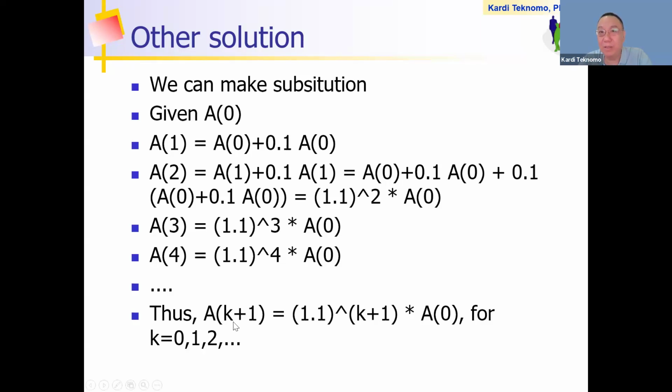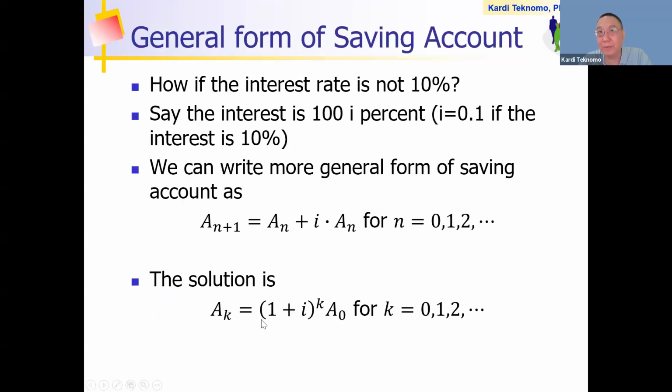The point is now you can get this formula for any k, any year. The next question is, what if the interest rate is not 10%? Say the interest rate is I%, so 100 times I%. When we put I as 0.1, that means the interest is 10%.